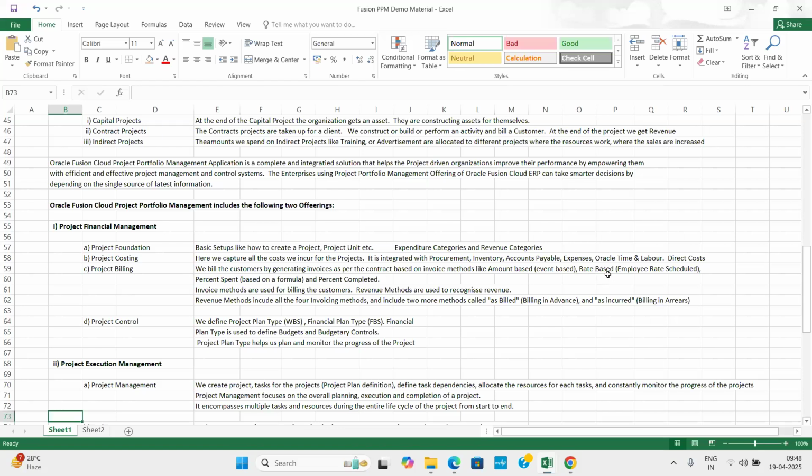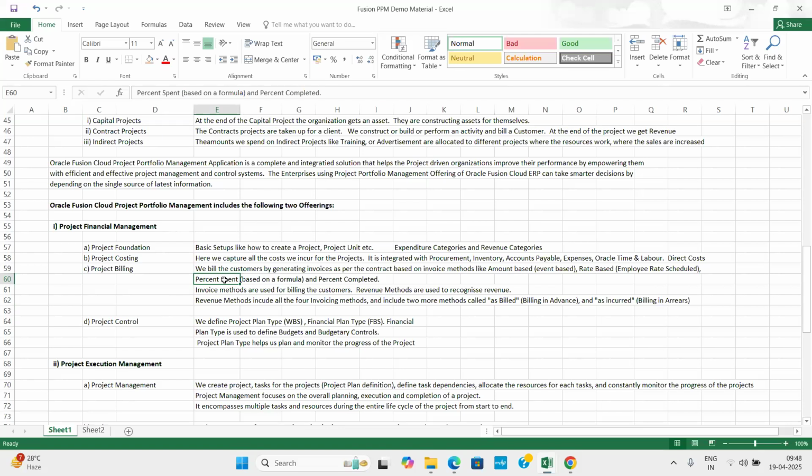Then there is percent based, based on a formula. Percentage based means how much percentage I should bill you for an event or for percent completed. Suppose the project has completed 75%, I can bill you as per the contract.